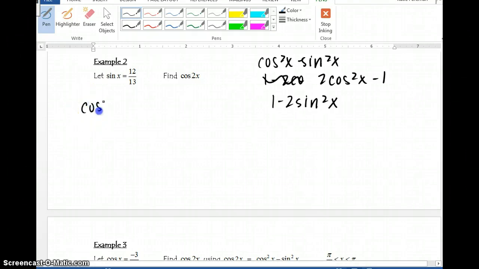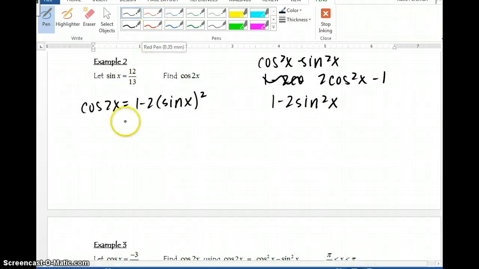So cosine of 2x is 1 minus 2. Now remember, when the exponent is between the trig function and the variable, the entire function is squared. So when I make my replacement, I'm not solving for x, I'm replacing all of sine x with 12 over 13.